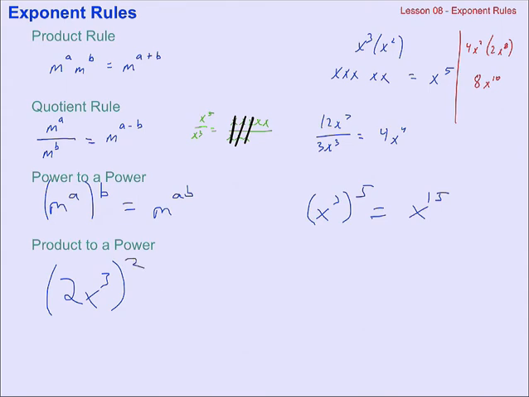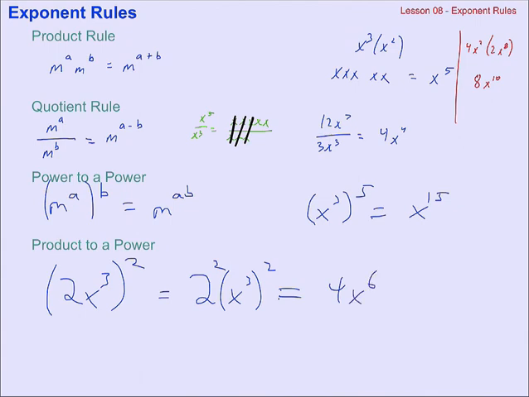The rule here is that the property that we're dealing with here tells us to distribute, actually I shouldn't say distribute, to apply the exponent to every factor in the product. So this would be 2 squared and x cubed squared. So we'd have to do them both, so that's 4x to the 6th.